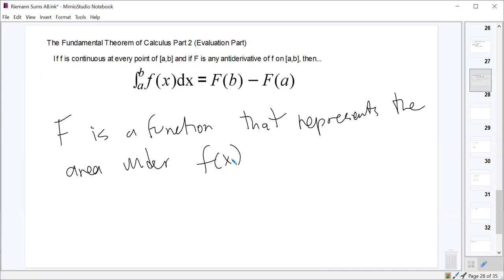Is everybody okay with that? Yeah. Okay. So for example, you should be able to think about this in terms of functions you already know. If I said the function f of x equals 1, what would capital F of x be?